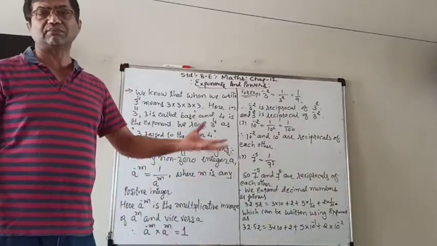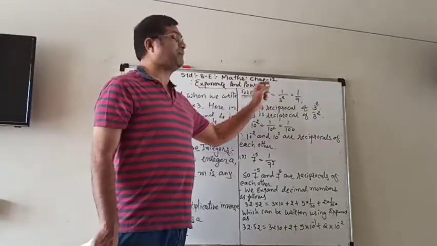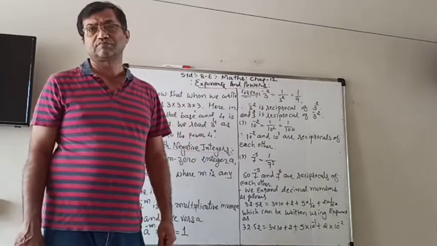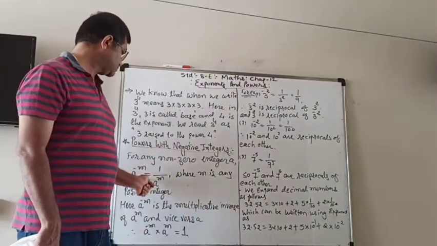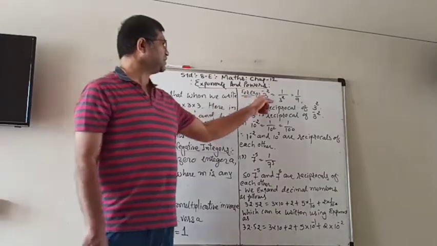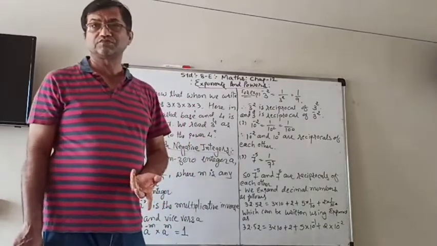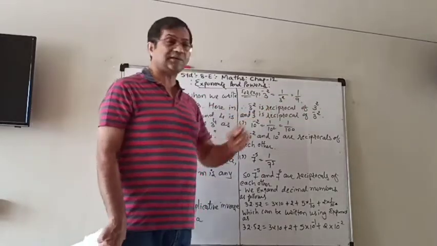Let's understand with some examples. 3 raised to the power minus 2. According to this definition of negative integer power, 3 raised to minus 2 is equal to 1 upon 3 raised to 2, which is equal to 1 upon 9.